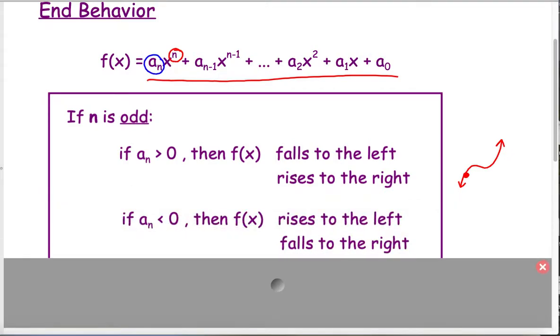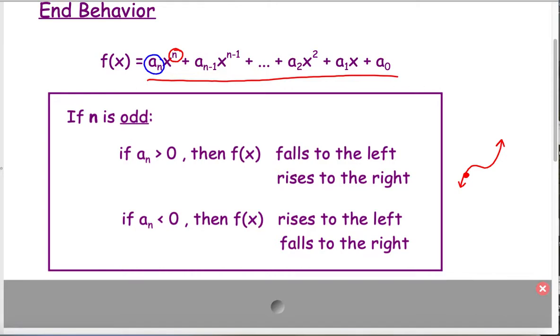Now, on the other hand, if that leading coefficient, this a sub n, is less than 0, if it's negative, then the opposite is going to happen. Let me give you an example. It doesn't have to be x cubed, it could be any graph. For example, it could look something like this. This is saying that our degree is odd, like x to the fifth or x to the seventh.